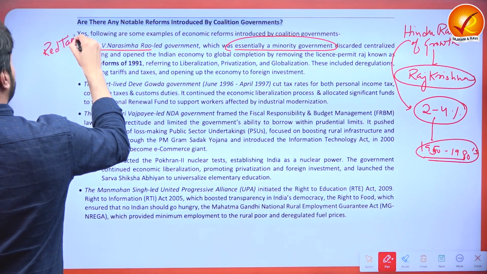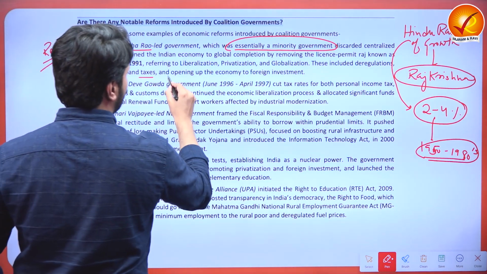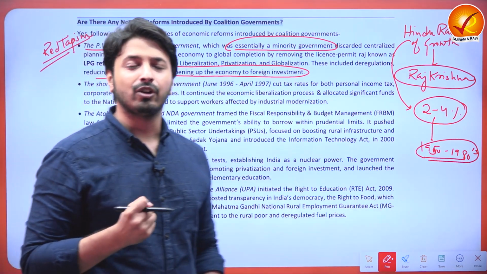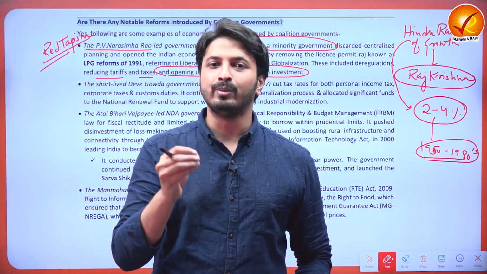It gave away a lot of tariffs or taxes, and it opened the economy to foreign investments, and it opened the Indian economy for the various global investors who wanted to come to India and do business with us.